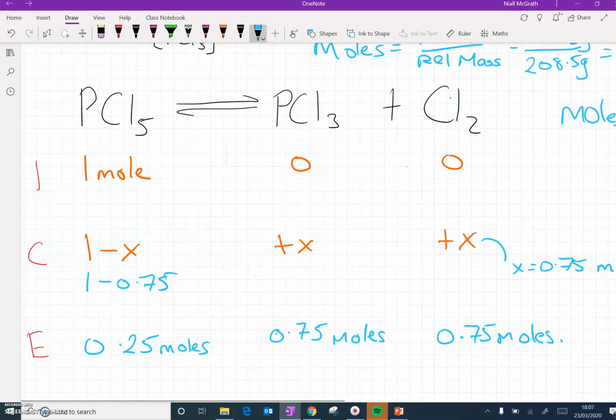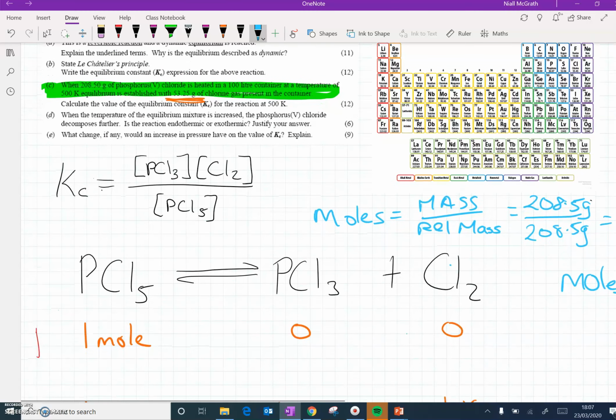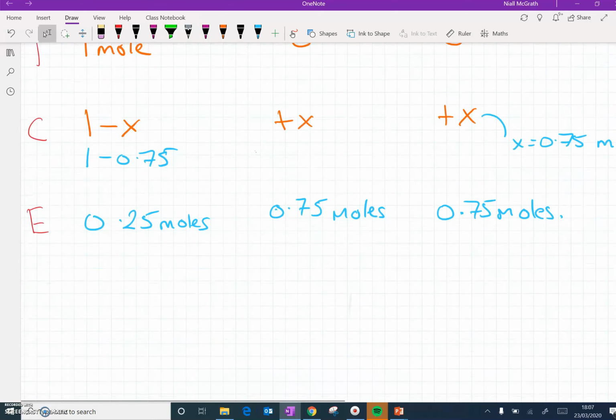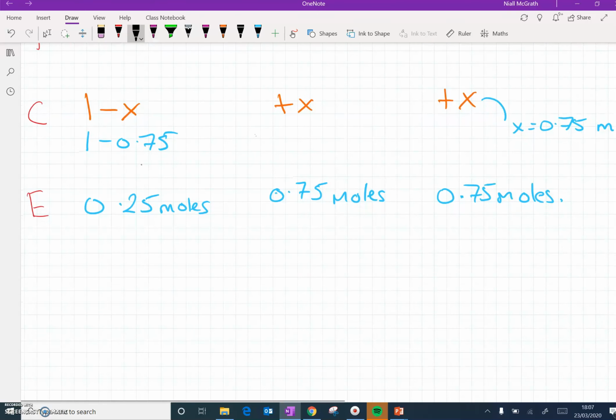Now, that's the amount of moles we have at equilibrium, but it is not their concentration. If we look at our question again, we see that it says in a 100 litre container. Our concentration always has to be in moles per litre, so all of these have to be divided by 100.